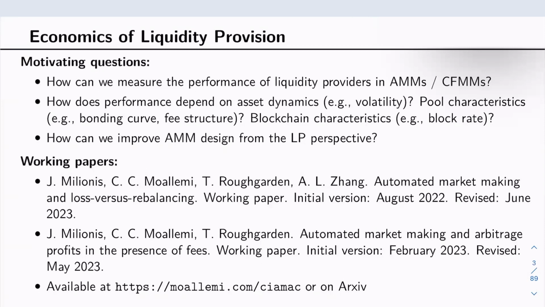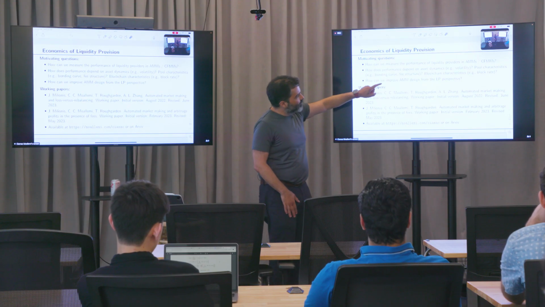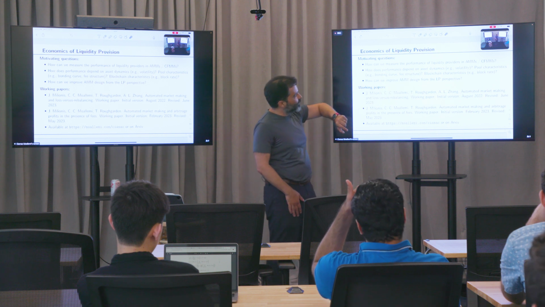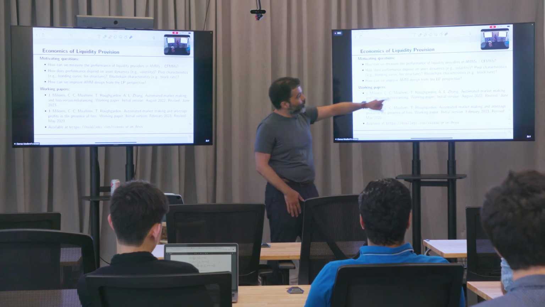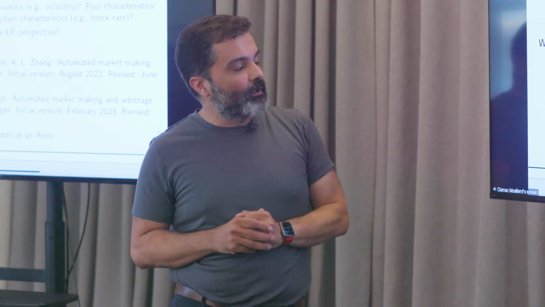How do we decide whether providing liquidity in one of these pools is a good strategy, either ex post, analyzing past performance, or ex ante, thinking about making a future investment? How does that performance depend on things like the dynamics of the asset being traded, characteristics of the pool, maybe even characteristics of the blockchain that the pool is operating on top of?